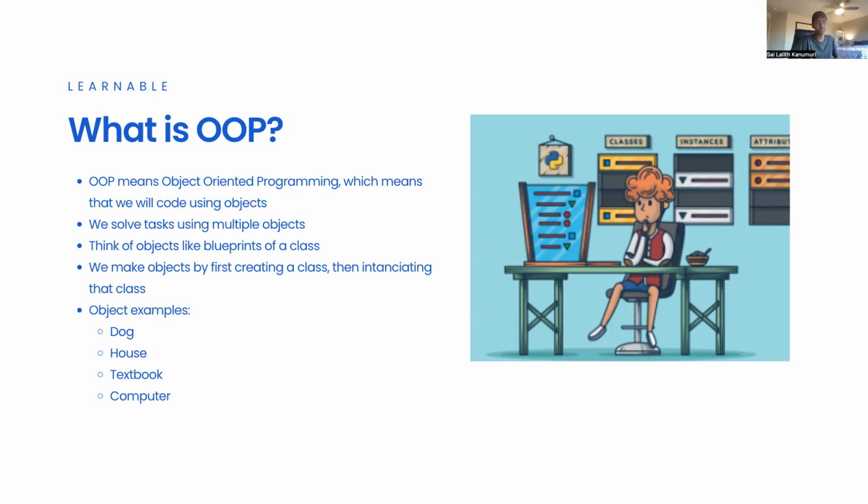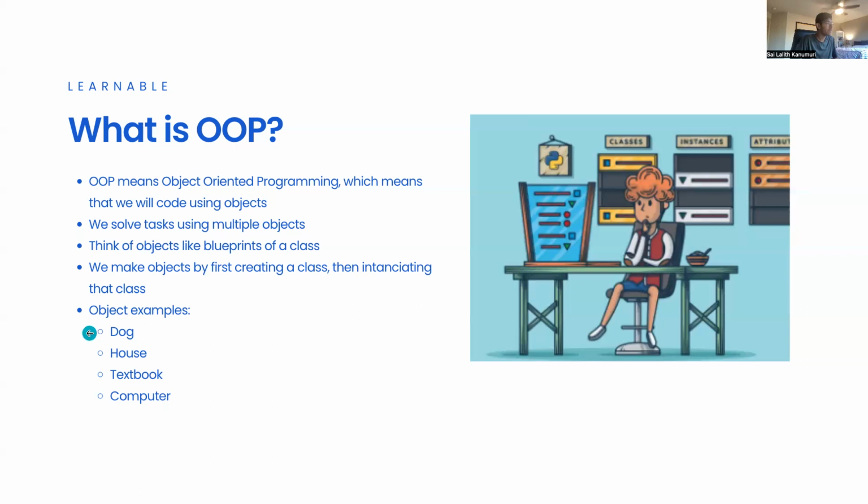So this is super important. Object-oriented programming, or OOP, means that we can code using objects, and we can solve tasks with multiple objects. Think of objects like blueprints of a class. We'll get into all this if you don't really understand what this is. Let's just go through the examples.